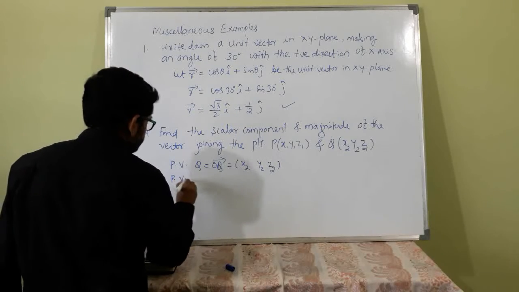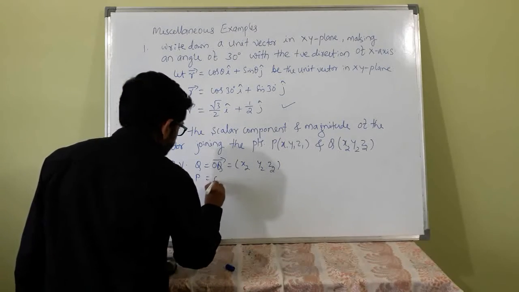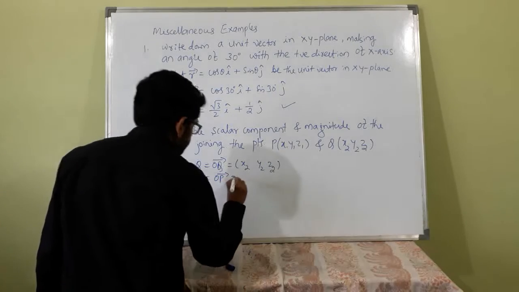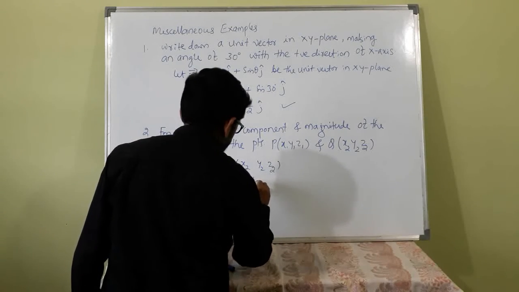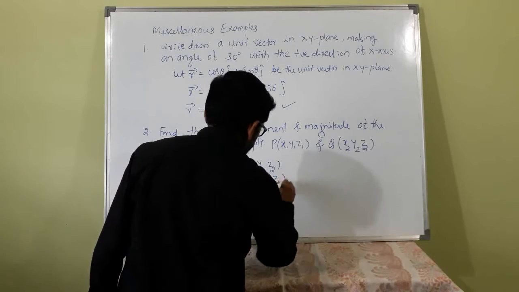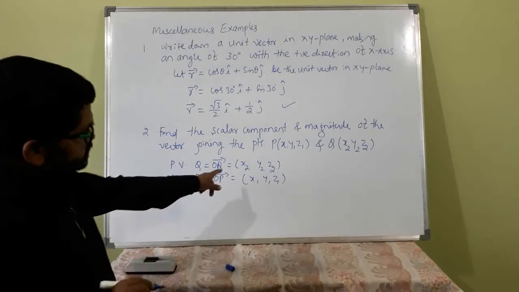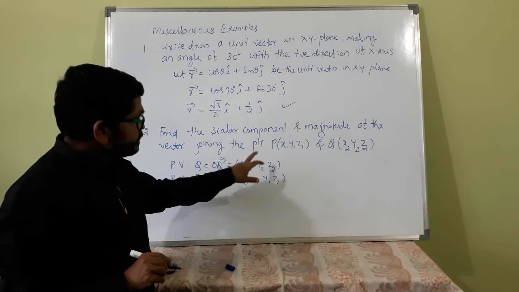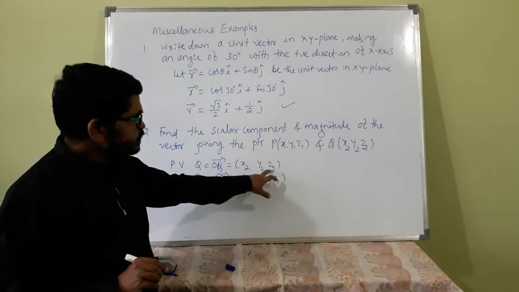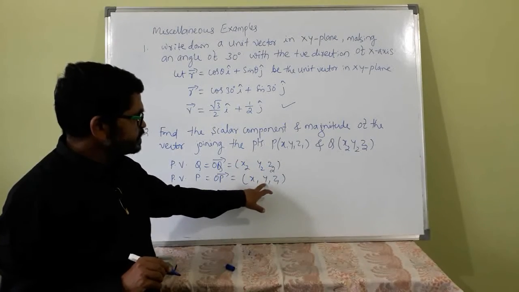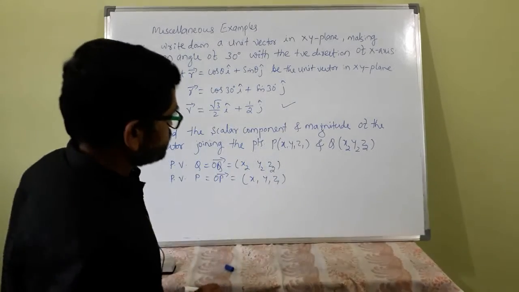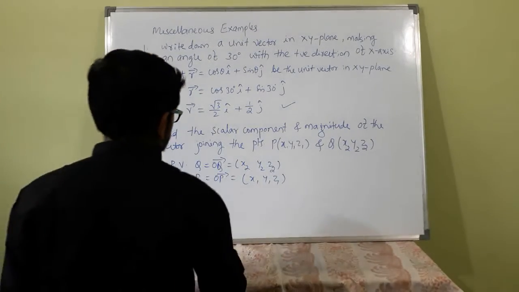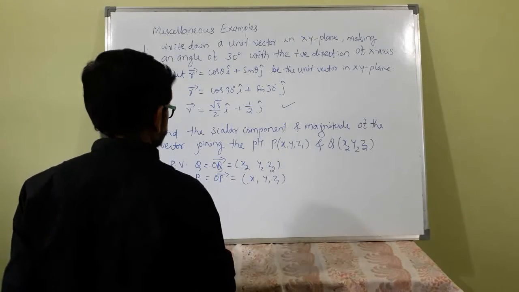Position vector of point P is OP is equal to x1, y1, z1. See, this x2 y2 z2 is not a point. This is x2 i plus y2 j plus z2 k, x1 i plus y1 j plus z1 k. Okay, but you have to put the bracket properly.